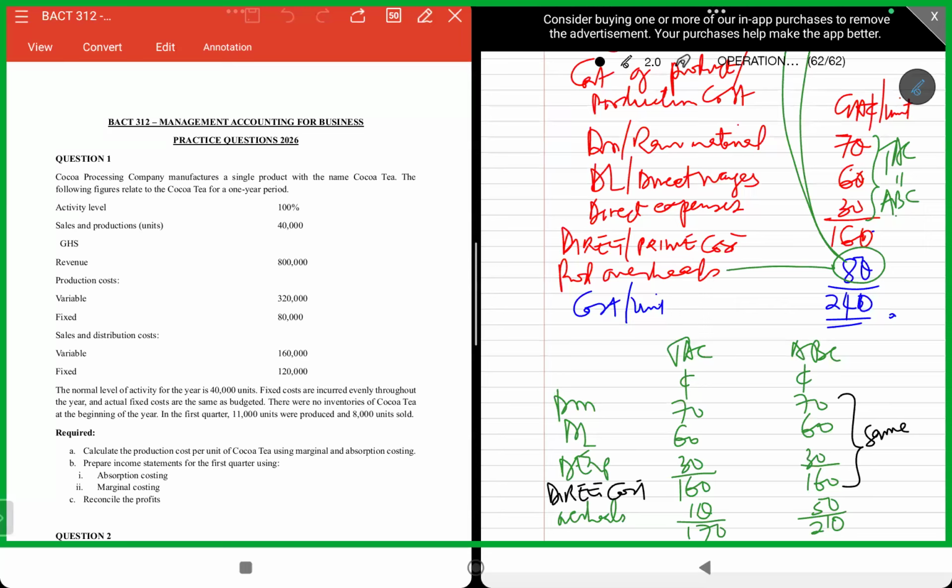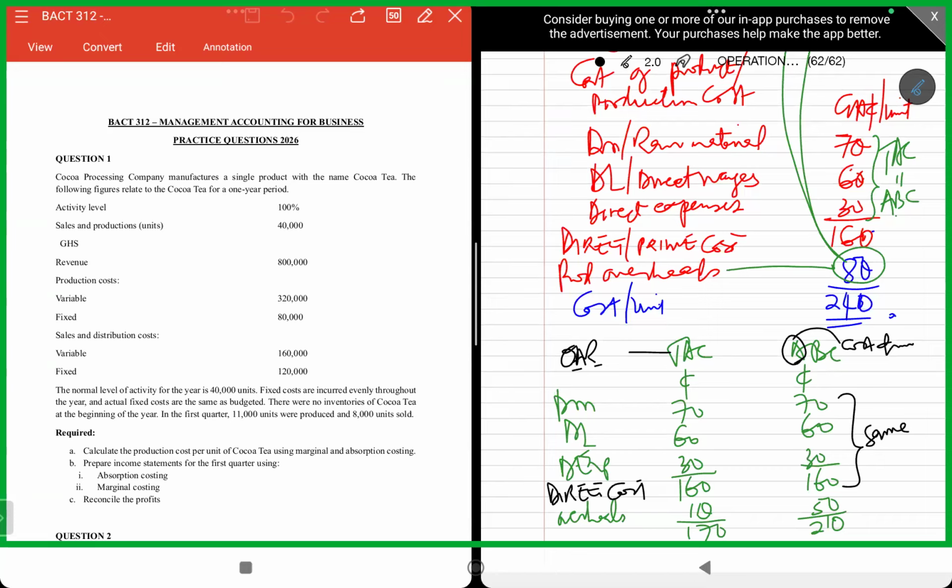Because we are talking about traditional absorption and activity-based costing, basically we are talking about how the overheads are computed. In traditional absorption, you can hear the word OAR, overhead absorption rate. In activity-based costing, activity comes with what is called cost driver. So traditional absorption, you're talking about OAR.